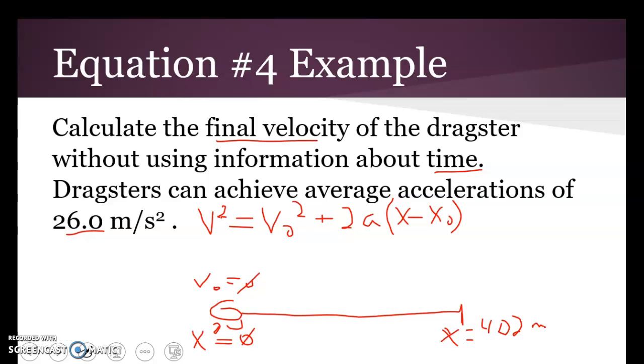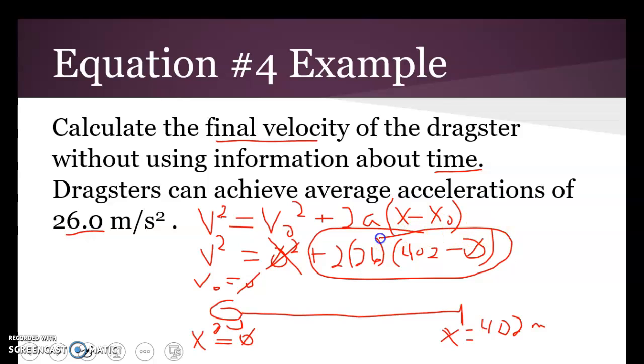That's what I calculated before. So now I'm going to substitute in. So I got v squared is equal to 0 squared plus 2 times 26. I take 402 minus 0. And now, as I do the math, that's going to be gone. I solve this, but then to get rid of the v squared, I have to take a square root.